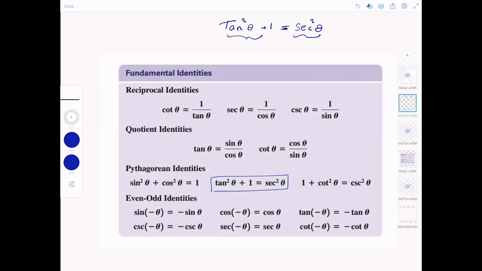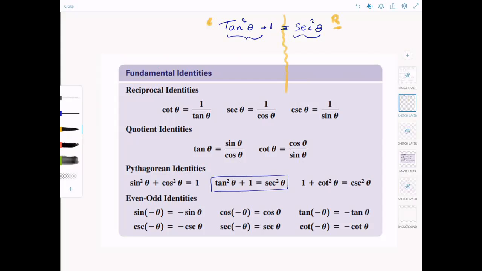One technique that you already know, we talked about, is that you can make everything in terms of sine and cosine and see if you get the other side. You also know that in order to prove the identity, you cannot simplify both sides of the equality. You need to start from left, go to right, or from right, go to left.